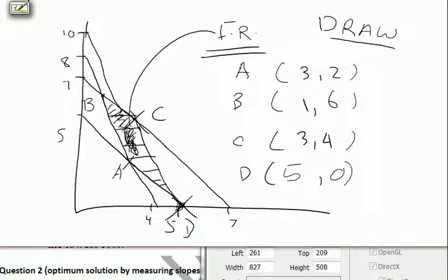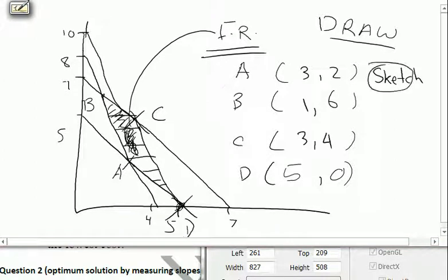Now in certain situations or certain equations, you will be required to sketch the graph. In that case, you have to find these coordinates without drawing the graph. In those situations, how will you find the coordinates? For example, for A, you will identify what two lines intersect at this point.